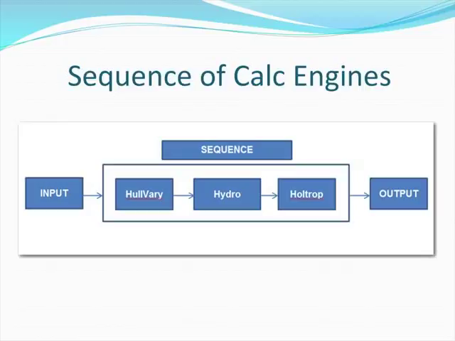Then the next step would be, what kind of classes of problems do engineers want to solve? And one of them is this sequence calculation. I want to run this calc engine, followed by this calc engine, followed by that one. And I think it's reasonably possible to have open, free software where you can pick calc engines, and I can write the software that goes in there and says, all right, I need to match up the output of this calc engine with the inputs of this calc engine, and then the results of this one go into here, and wrap it all together to come up with this combined calc engine.